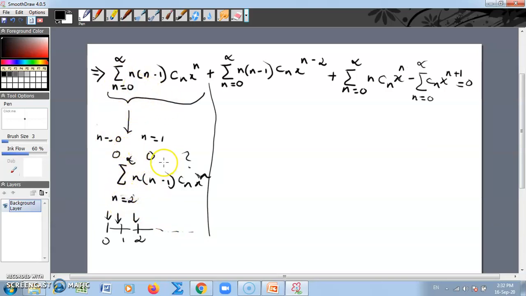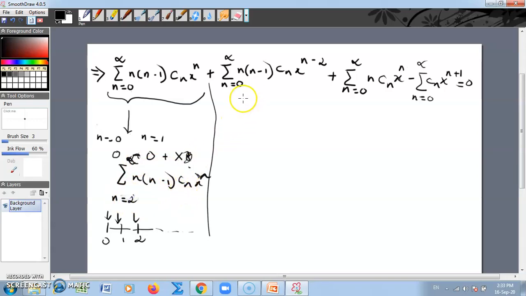When I put n is equal to 1, it gives a 0 value. So it's like adding 0 plus some expression, and 0 plus x is just the same as x. So it is starting from 2 to infinity. So I have justified that this expression can be written as n goes from 2 to infinity.